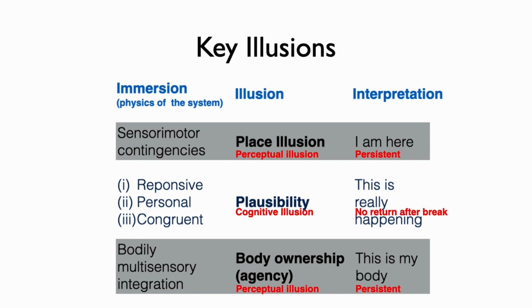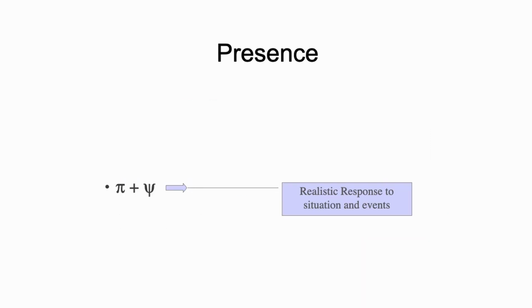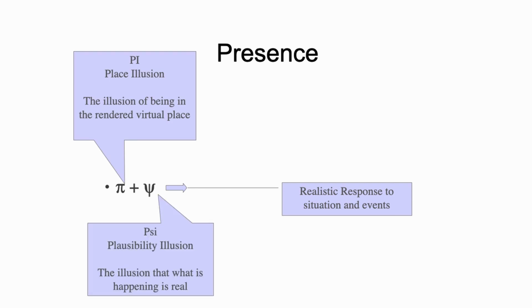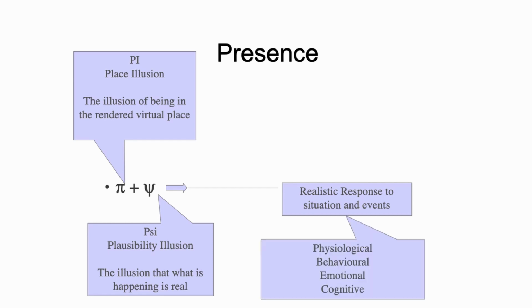If it breaks, it comes back again. So my hypothesis is that these illusions, pi, which is place illusion, and psi, which is the plausibility illusion, when these two things operate together, you have realistic responses to situations and events in the virtual environment. And by realistic responses, I mean at the physiological level, the behavioral level, emotional level, and cognitive level.